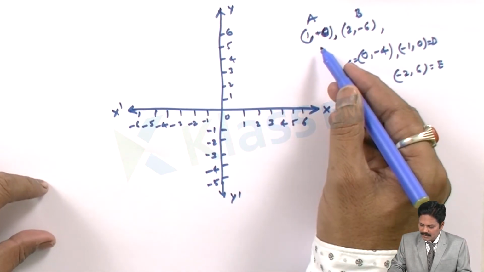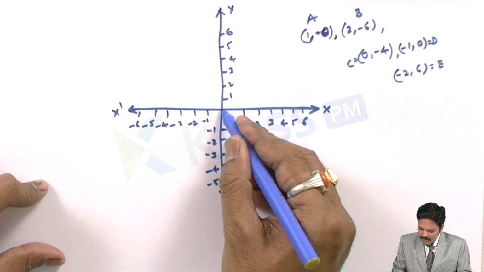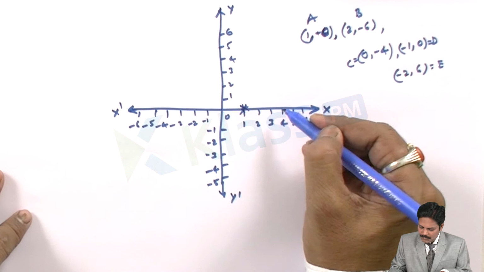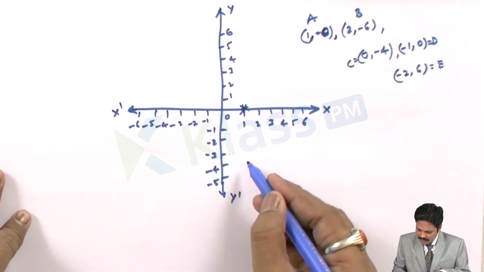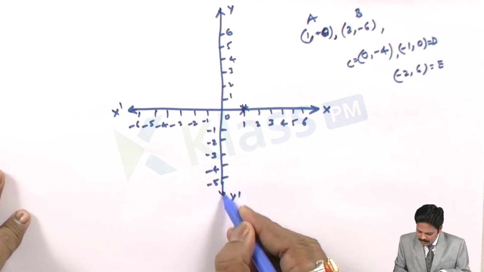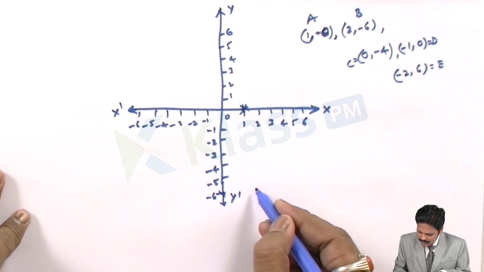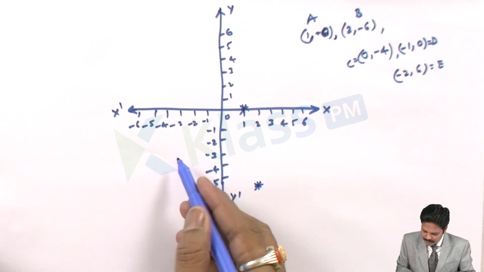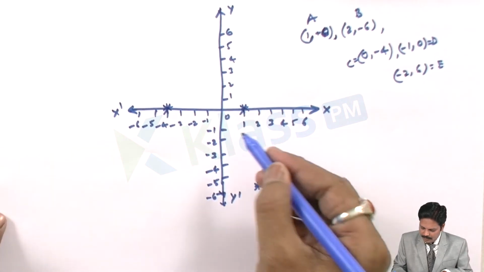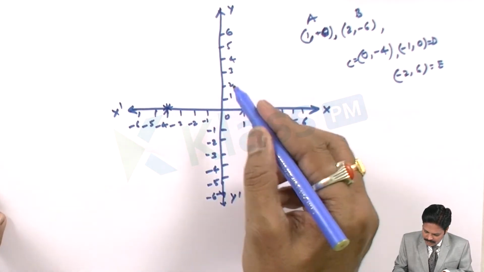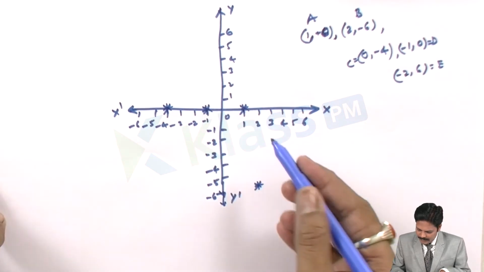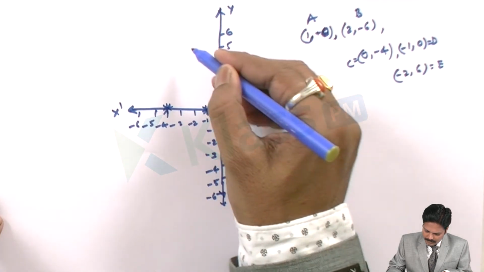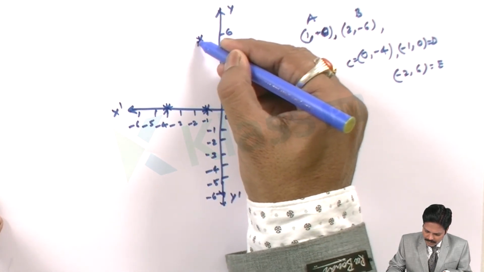I'm taking the points to represent them conveniently on the graph. Here I'm taking 1 and 0, and 2 and -6. Then I'm taking 0 and -4, and next -1 and 0, and -2 and 6.